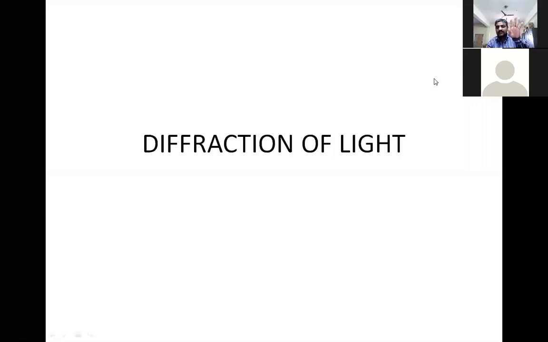That's why the edges of the shadow are not very sharp, but some portion of the light will encroach there, leading to a diffused edge rather than a sharp edge. And that particular phenomenon is what you call diffraction of light, right? So I'll go to the definition first.